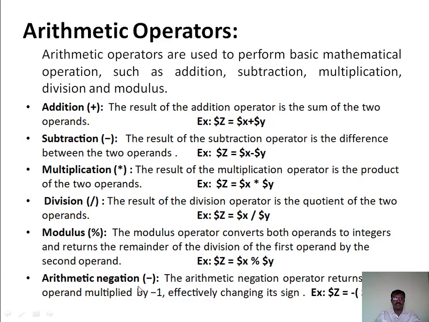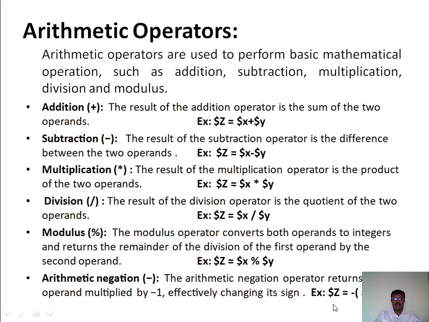Arithmetic negation. Here minus sign is used as your arithmetic negation. The arithmetic negation operator returns the operand multiplied by -1, effectively changing its sign. So by using this arithmetic negation operator, we can change positive values into negative values or negative values into positive values.